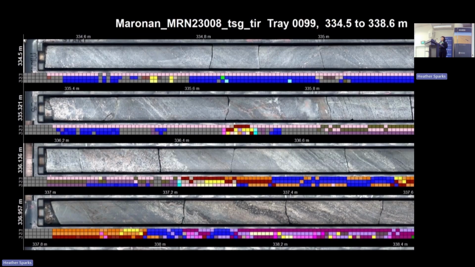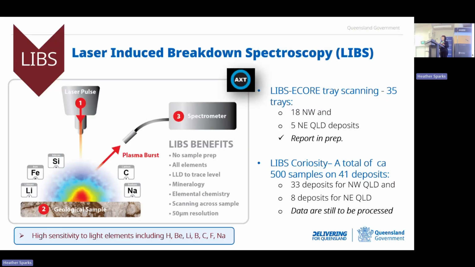So just to show you an example of what we can gain, this is our tray, and maybe before I jump into this, I should say that we scanned 35 trays from a range of deposits from both northeast and northwest, and the report is actually in preparation. We hope to release this data by the end of this year.